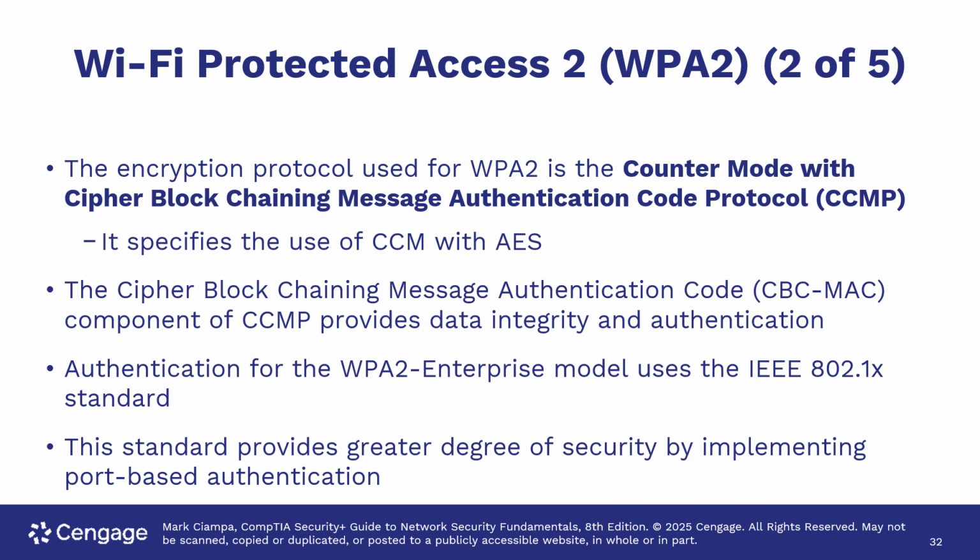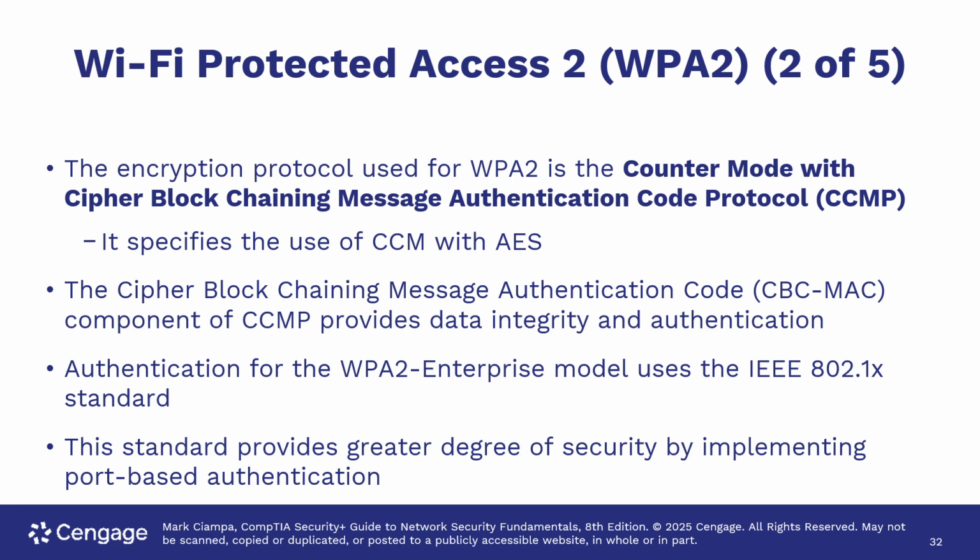The encryption protocol used for WPA2 is the Counter Mode with Cipher Block Chaining Message Authentication Code Protocol, or CCMP for short. It specifies the use of CCM with AES. Now, you see AES, if you remember from your networking, AES was the top of the line on shared encryption.